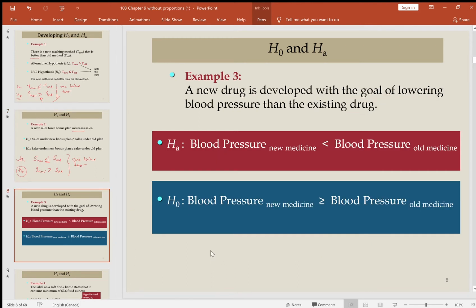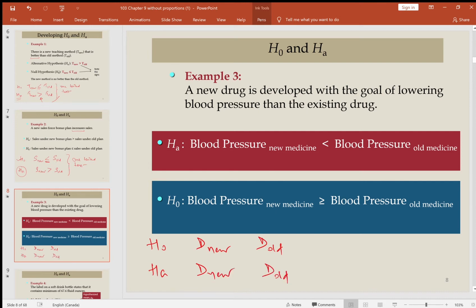Okay. A new drug is developed with the goal of lowering blood pressure than the existing drug. So let's say drug new, drug old, drug new, drug old.